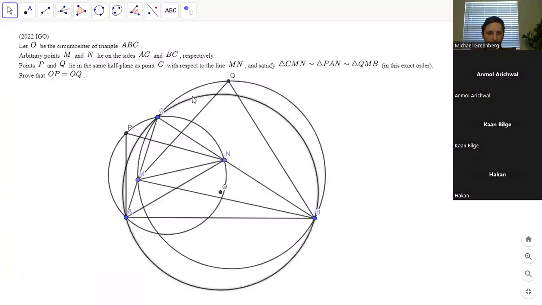Let's see. So we could try to use Casey's theorem a little bit.